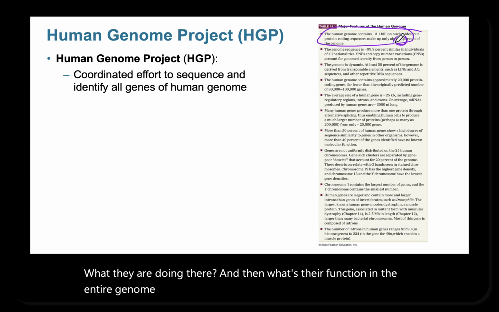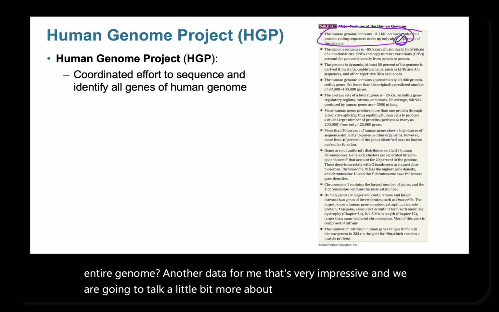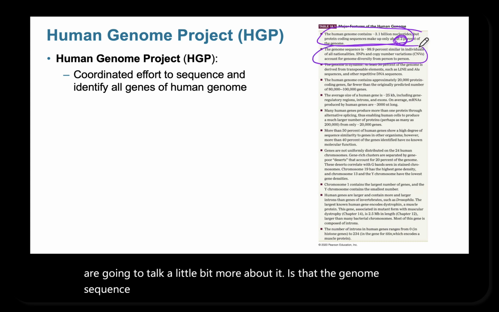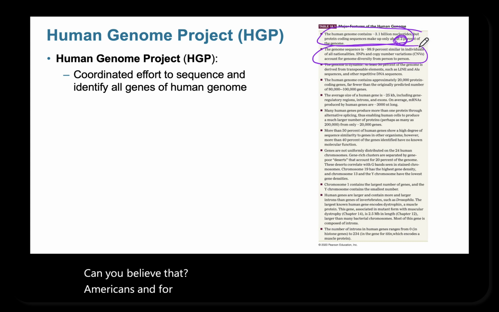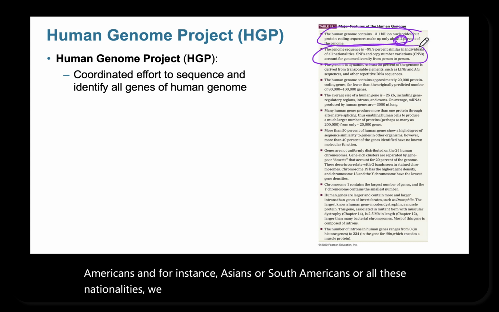Another data point that's very impressive, and we are going to talk a little more about it, is that the genome sequence among different nationalities is about 99.9% similar. Can you believe that? Americans, Asians, South Americans, all these nationalities share almost all of those 3 billion nucleotides.